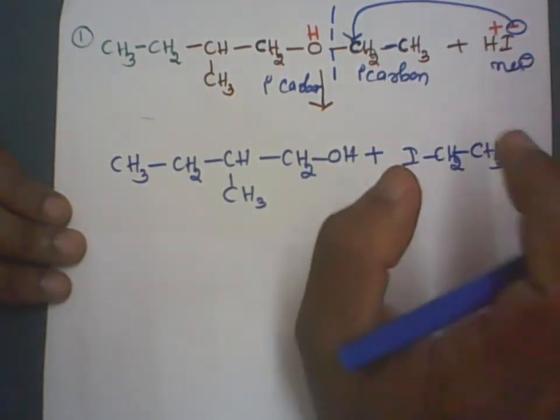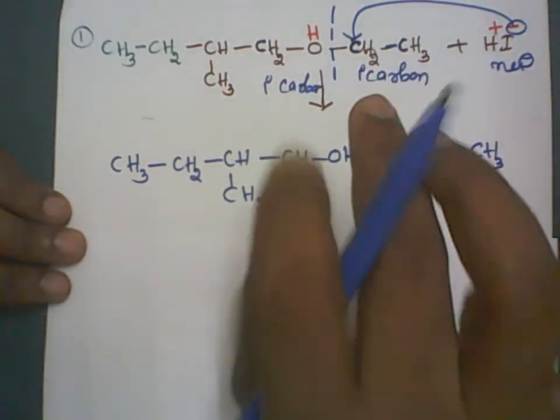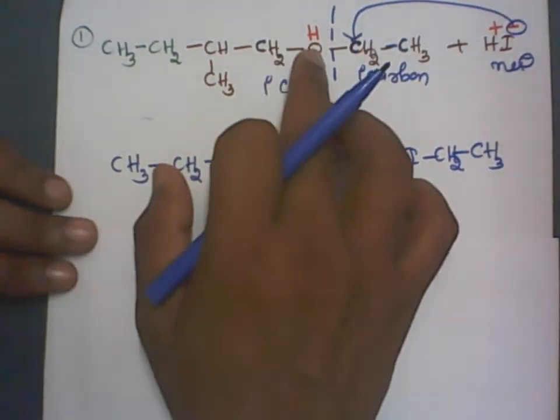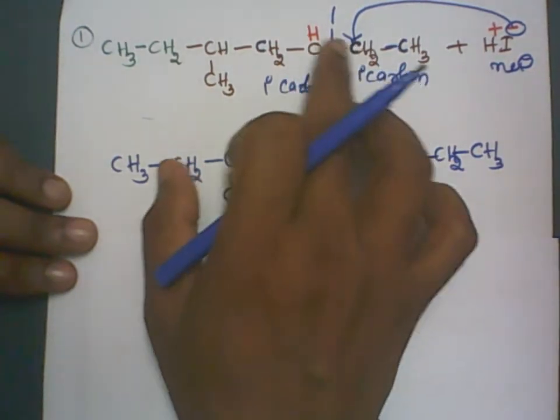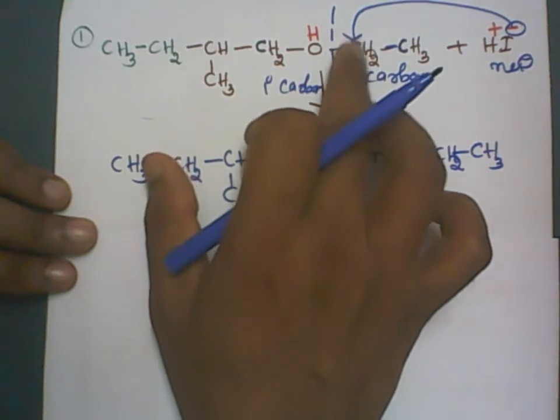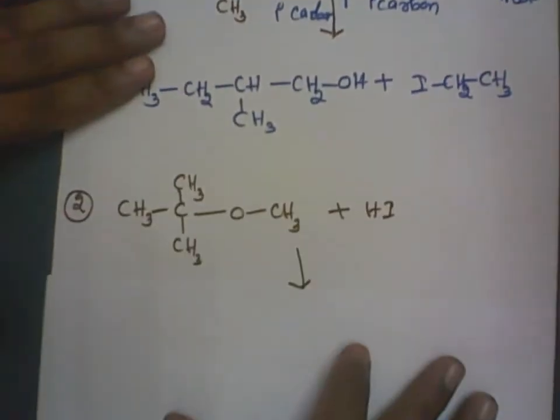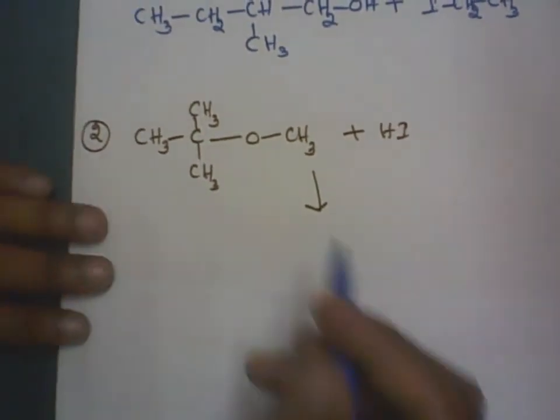It is easy for a nucleophile to attack the smaller group. After the oxygen-carbon bond breaks, a carbocation is generated. The positive carbon will take up the I minus. Clear? Let us go to the next example.